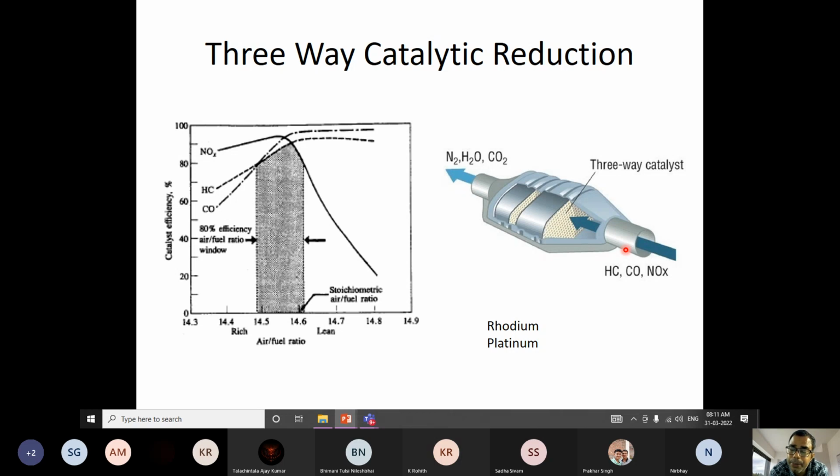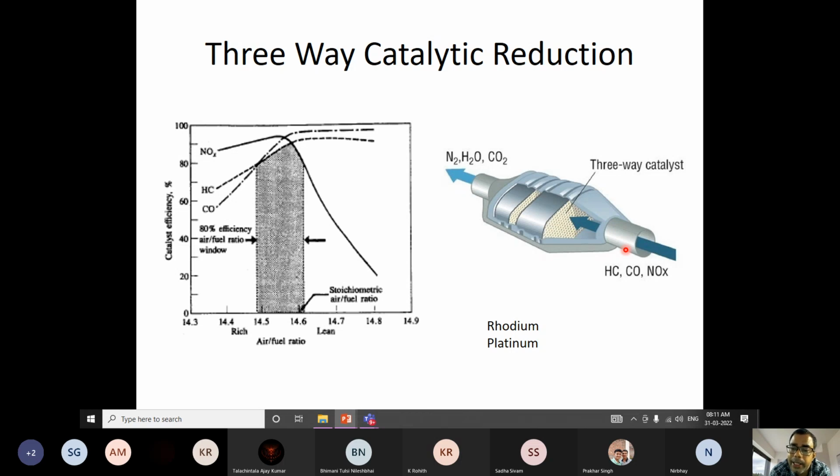But the second option is also not viable because it is really very difficult to control all sorts of emissions in the tailpipe itself, because of the retention time of the exhaust gas. The second thing is that exhaust after treatment technology involves cost.